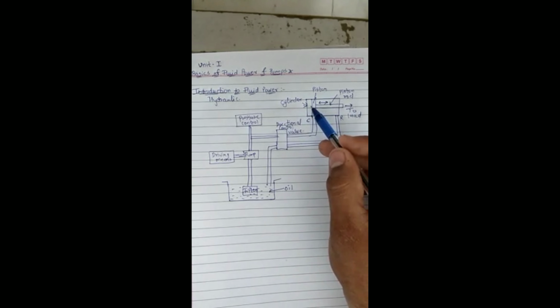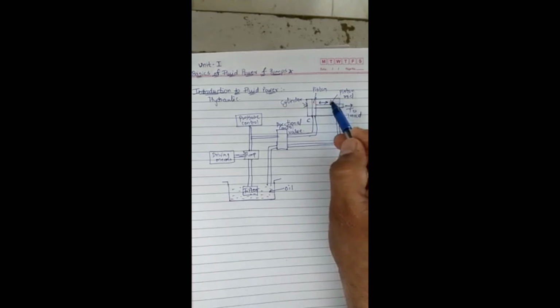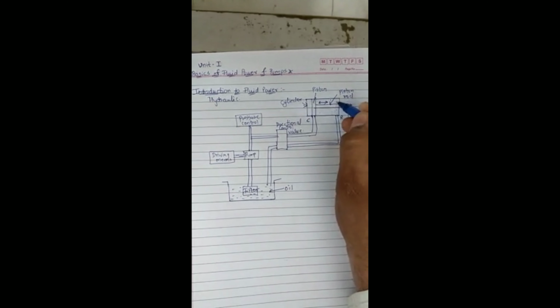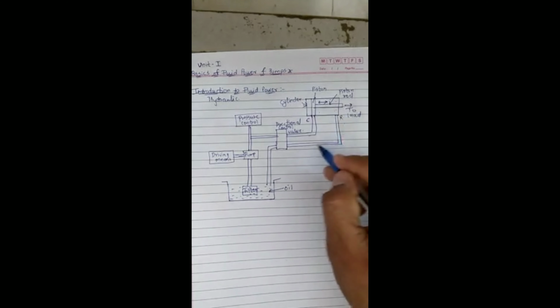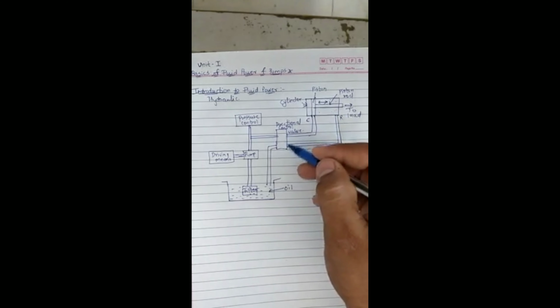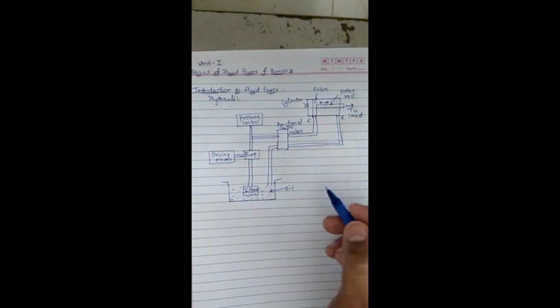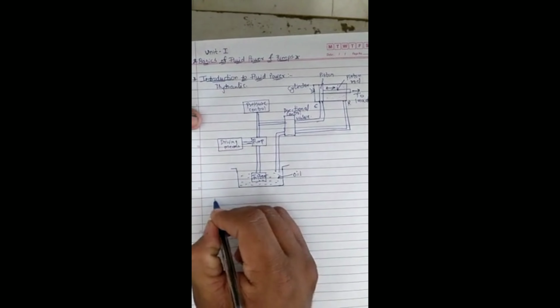Oil flows through the cap end to the rod end. Then the piston will move from cap end to rod end, or left side to right side. And the oil present at the rod end will go through the direction control to the tank.